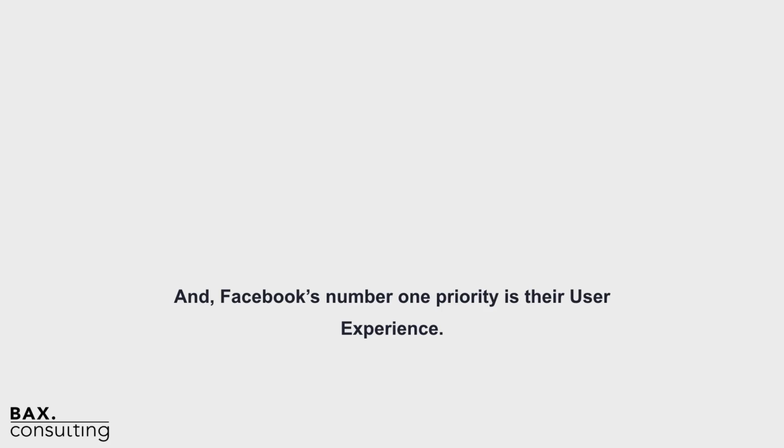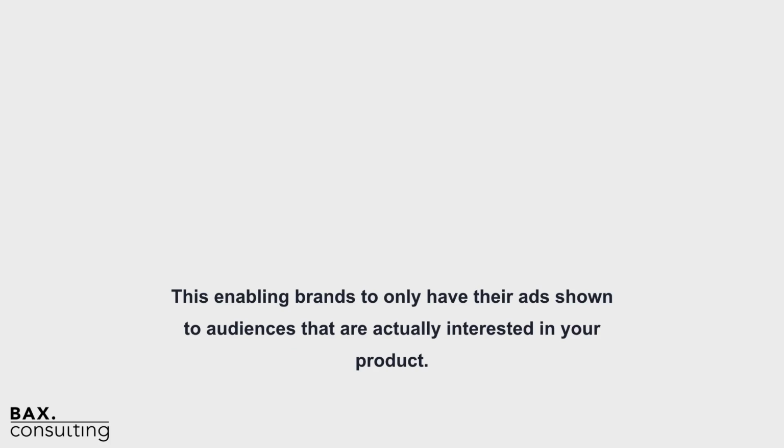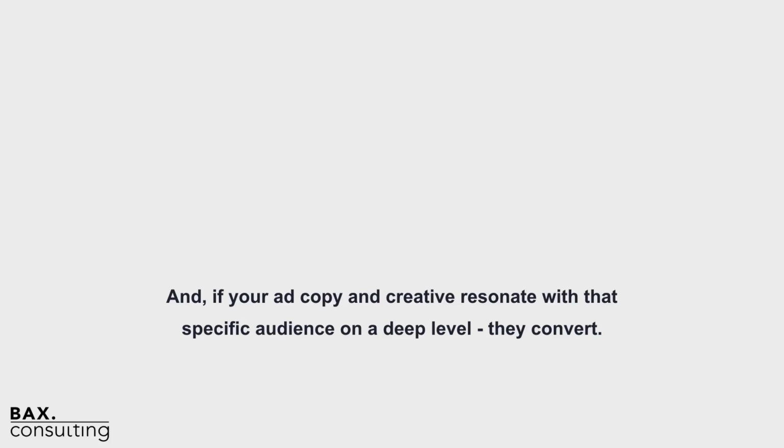That's their absolute number one priority. And so because their AI and deep learning is so advanced, they understand exactly what people want to see and what they don't want to see. And really, this enables brands to only have their ads shown to audiences that are actually interested in your product. And if your ad copy and creative resonate with that specific audience on a deep level, they convert, okay?